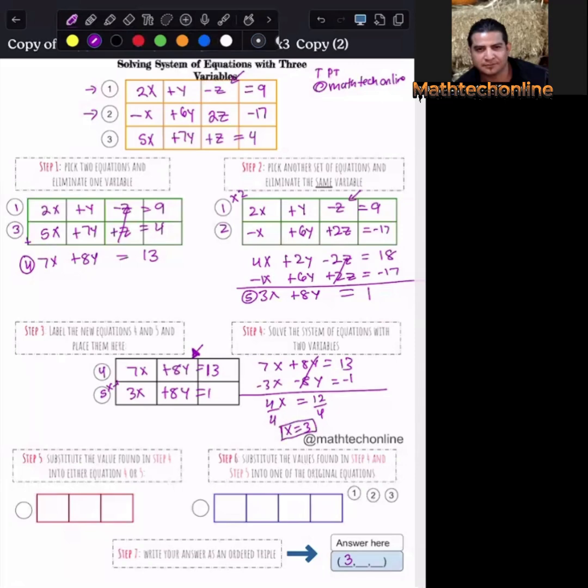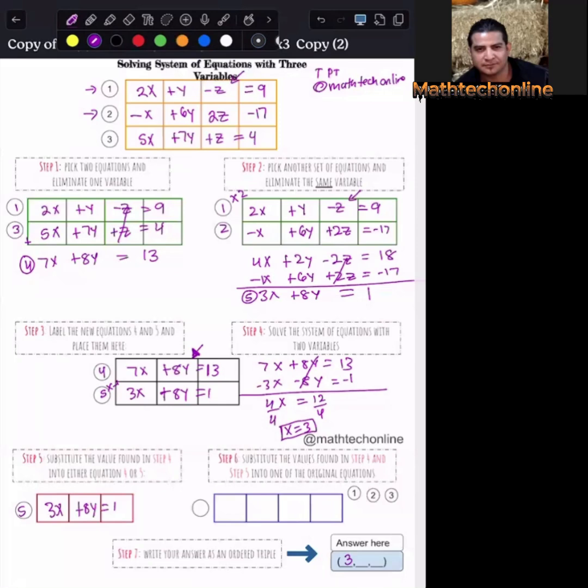All right, so now let's do step 5. It says substitute the value you found in step 4 into equations 4 or 5. You get to pick where you're going to plug it in. I'll plug it in equation 5, which is 3x plus 8y equals 1.